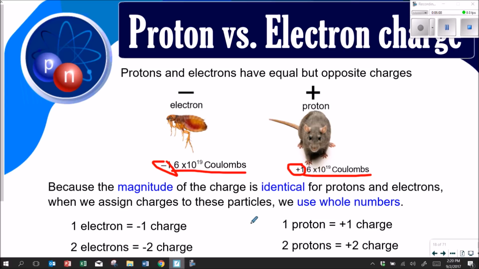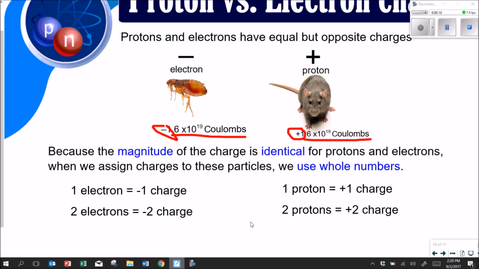Because the magnitude of the charge is identical for protons and electrons, when we assign charges to these particles, we use whole numbers. So for example, one electron will have a -1 charge, two electrons a -2 charge. One proton will have a +1 charge and two protons a +2 charge, and so on.